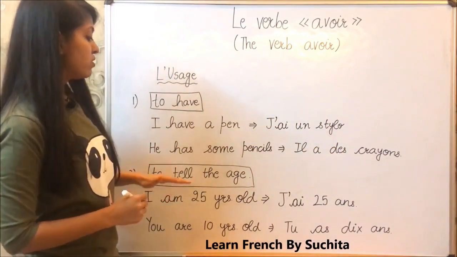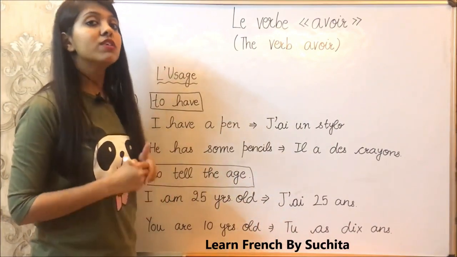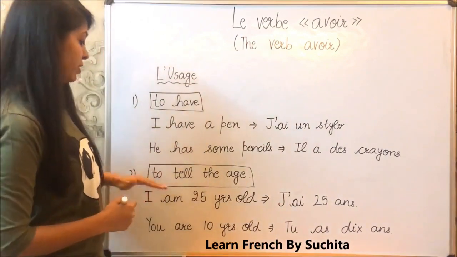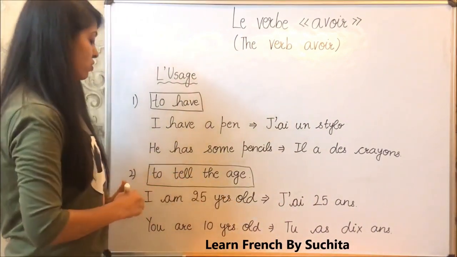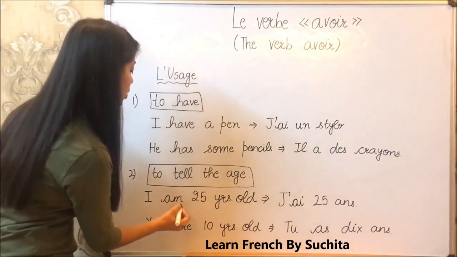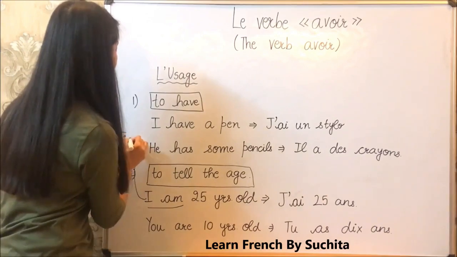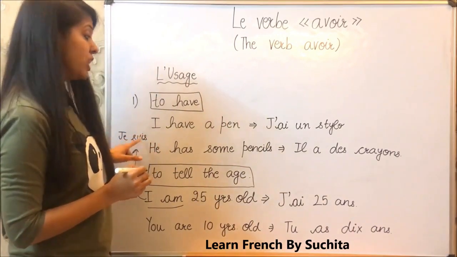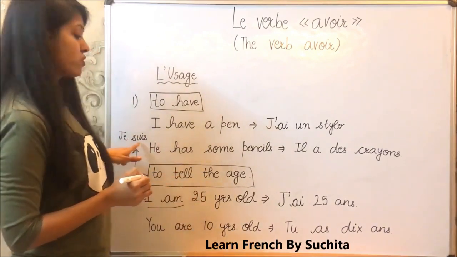The second usage is to tell the age or to ask the age. We always use the verb avoir irrespective of the meaning. For example, if I want to say I am 25 years old, according to English, I am should have been je suis, which is the verb être. But according to the rule, since we are telling the age, we can never use the verb être.